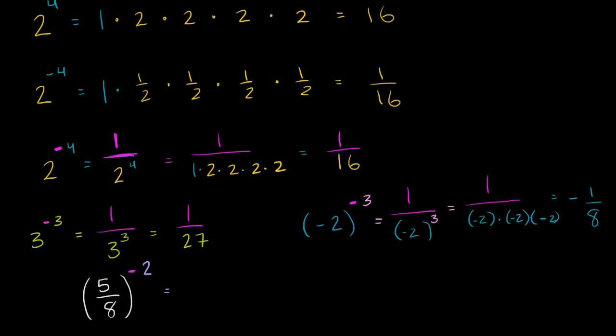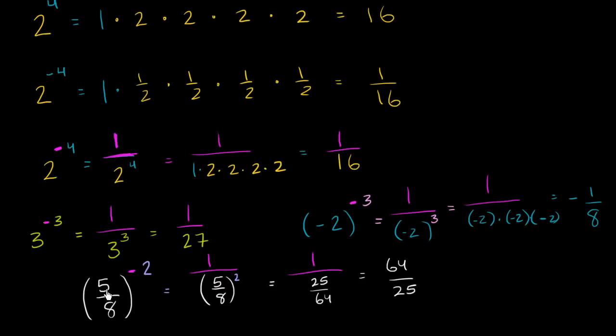So this is going to be 1 over 5/8 squared, which is 1 over 5/8 times 5/8, which is 1 over 25/64. 1 over 25/64 is just going to be 64/25.